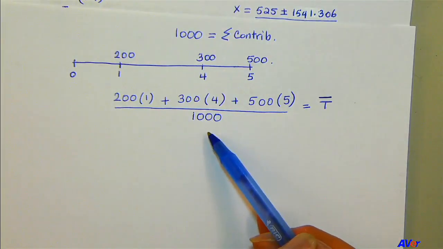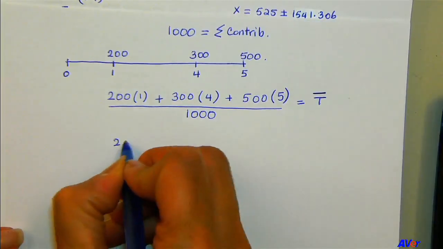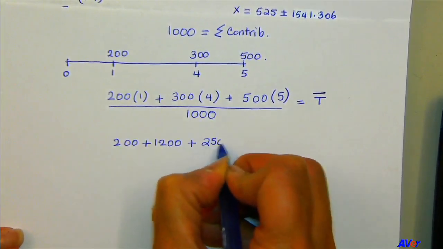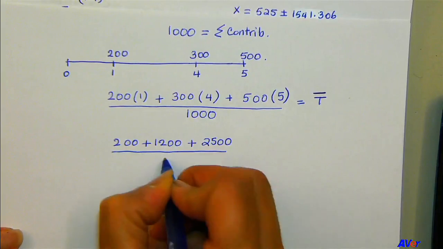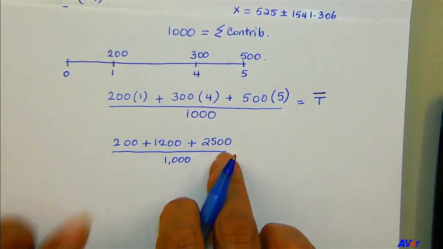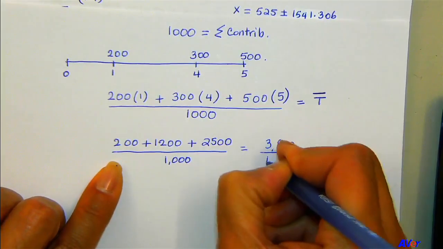Are you with me? So what would we get here? We would get 200 plus 1,200 plus 2,500 divided by 1,000. So 200 plus 1,200 is 1,400, plus 2,500, 3,900 divided by 1,000.